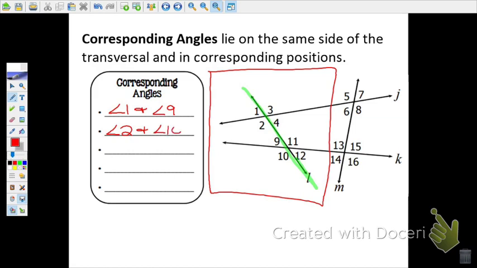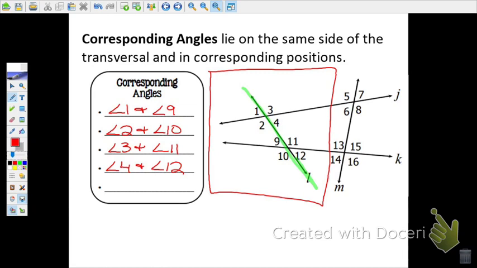Angle 10. What about angle 3? Angle 11. And angle 4? Angle 12.